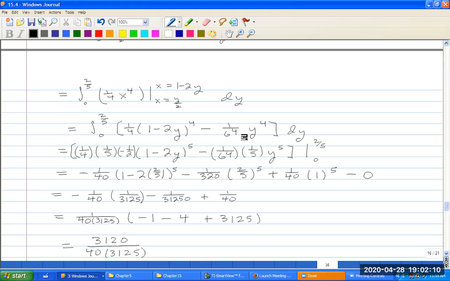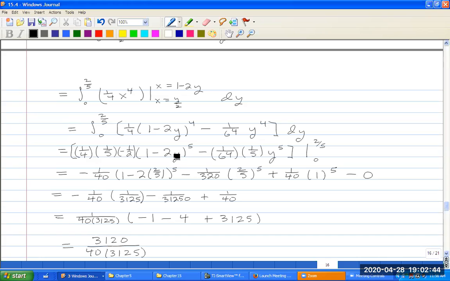Now, let's integrate this. And so I have here 1/4. Let's add 1 to 4 to get 5. So that's how I get my 5s here. And then, since this is not y, but 1 minus 2y, I have to divide by its derivative, minus 2. And so I get 4 times 5 times 2 is 40.